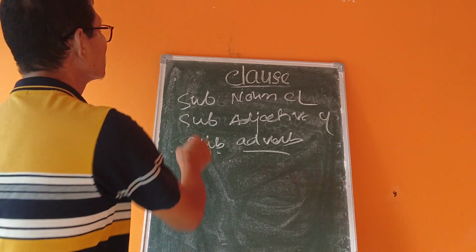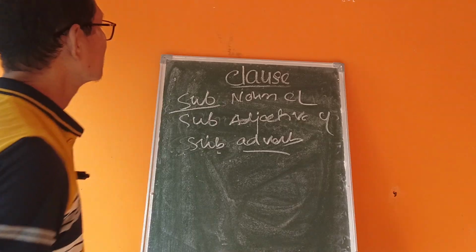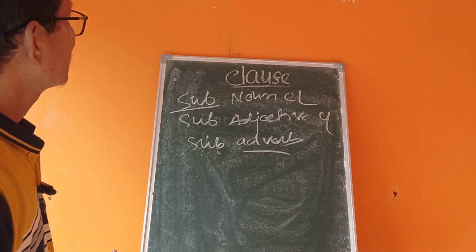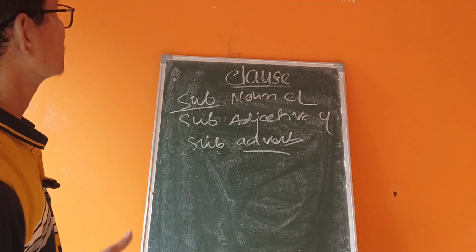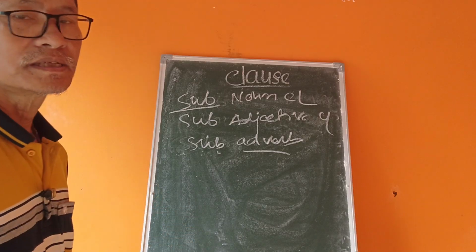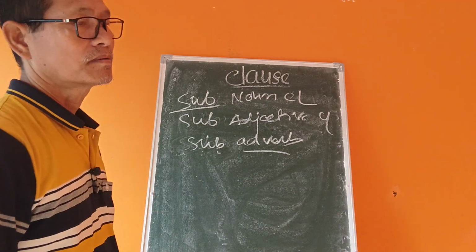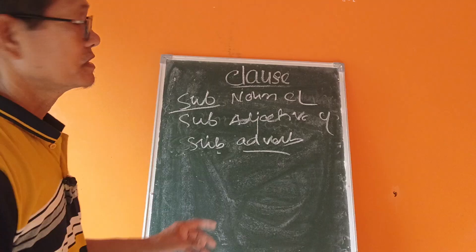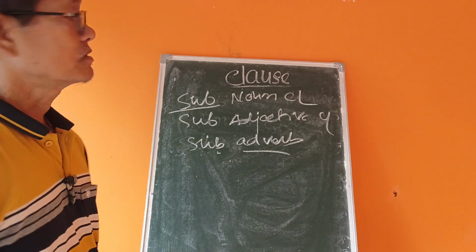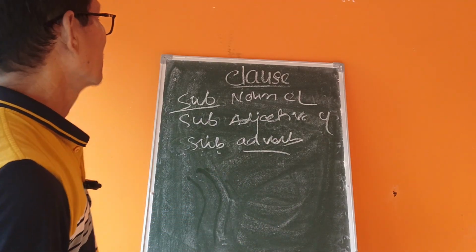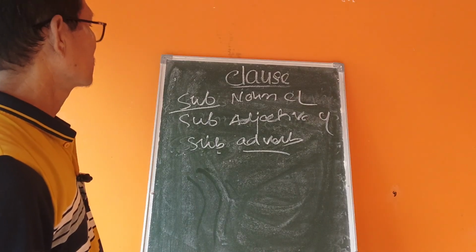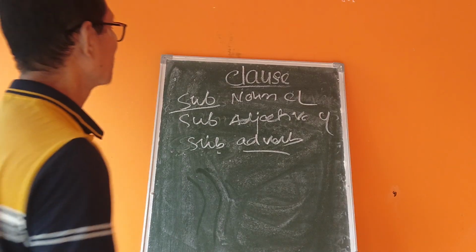Now it is required to identify which is a subordinate noun clause, which is the adjective clause, which is the adverb clause, isn't it? That's why we should know about conjunctions. Conjunction is very important. It takes a very important role in identifying the clause, isn't it? You should know about the noun also.